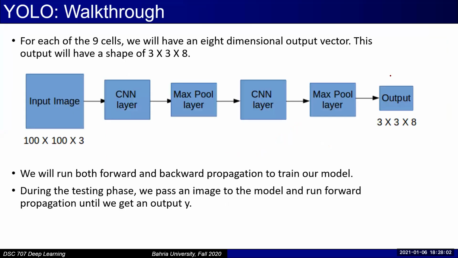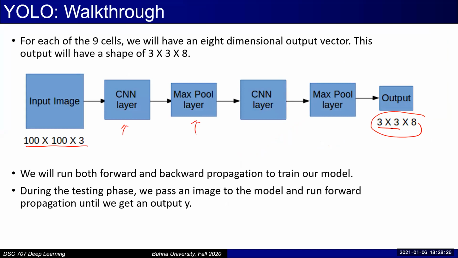So what we can do is, as a first attempt, a very simplified version could be that we have an image, a colored image, then we have some convolutional and pooling layers, and eventually we have a tensor of 3 cross 3 cross 8, right? Which is 3 cross 3, because we have a 3 cross 3 grid.